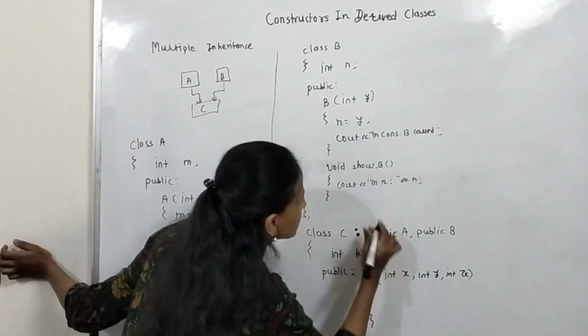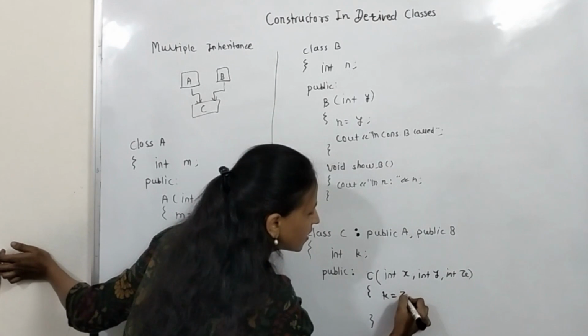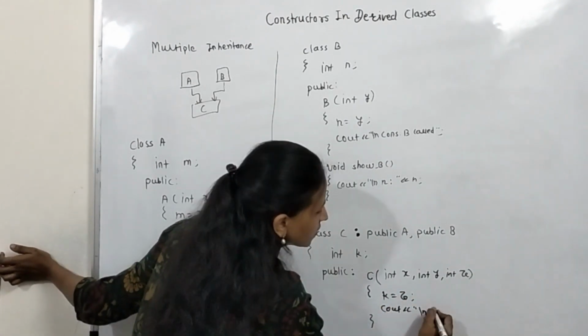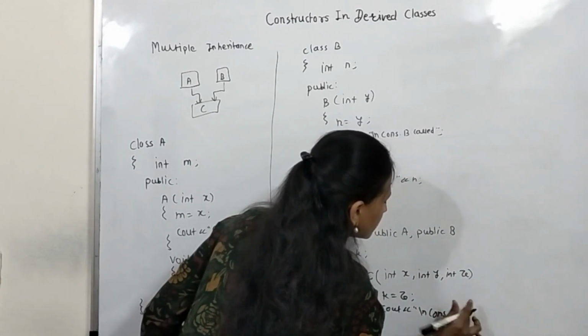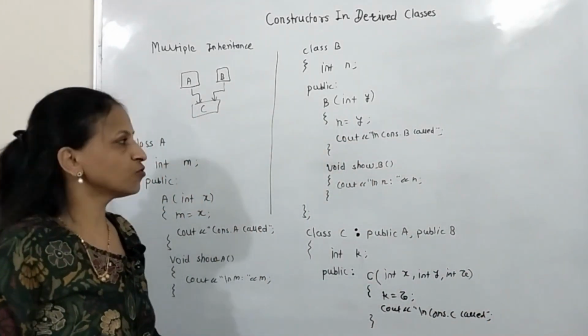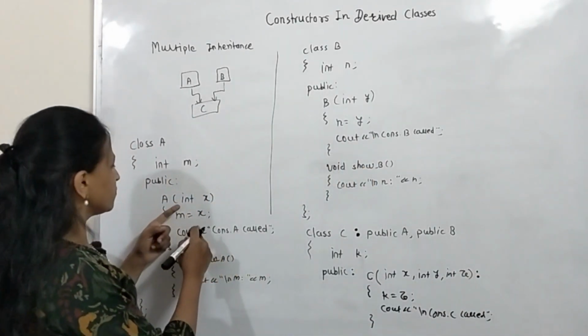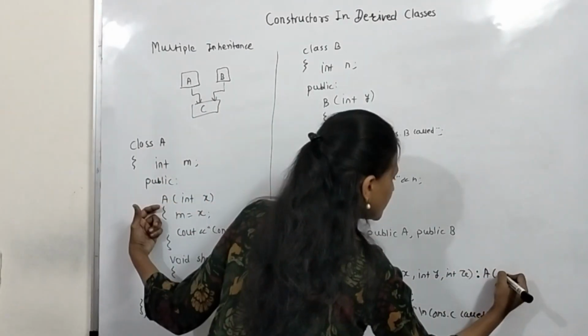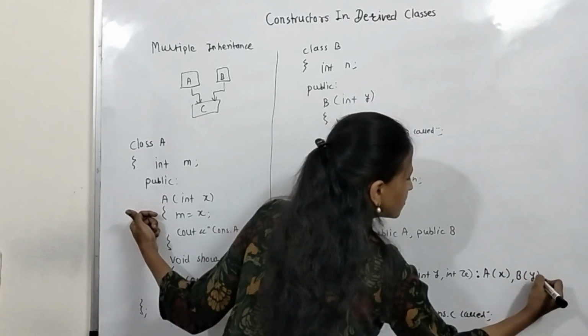Simple. Here we will write k equals z, the third argument, and cout constructor C called. Okay, now we have to call these 2 base class constructors. First we call A, and to that I am passing x, then comma B, to that I am passing y.